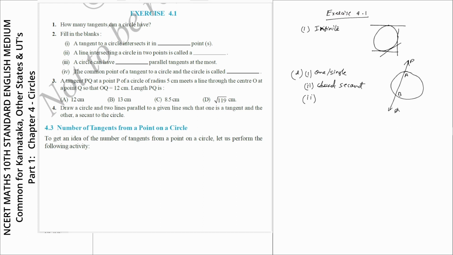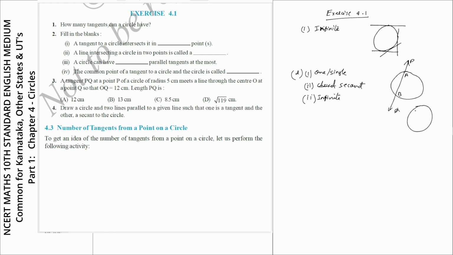Then sub question 3: a circle can have dash parallel tangents at the most. It can have an infinite number of parallel lines. Infinite. So in a circle, how many parallel lines can you have?